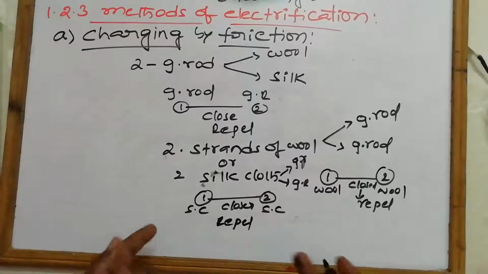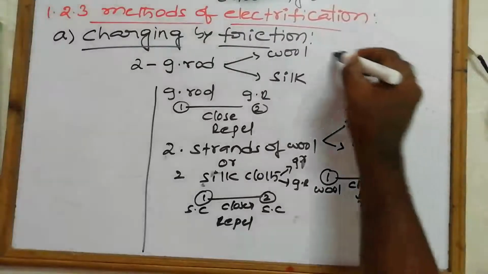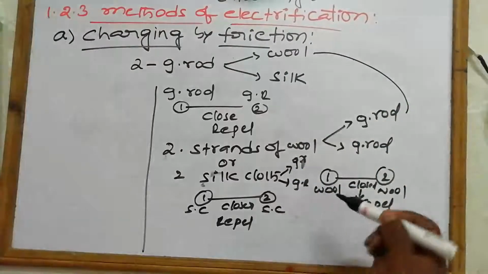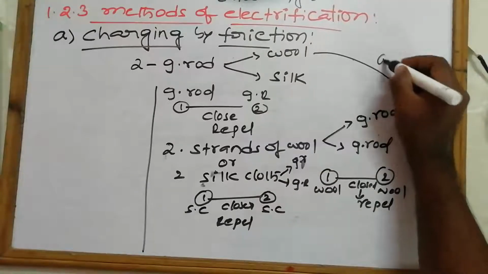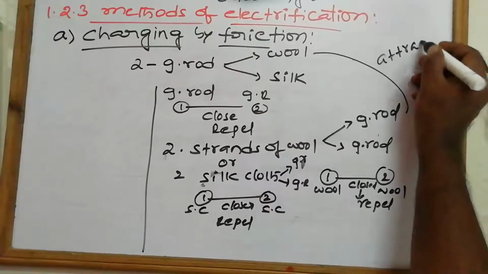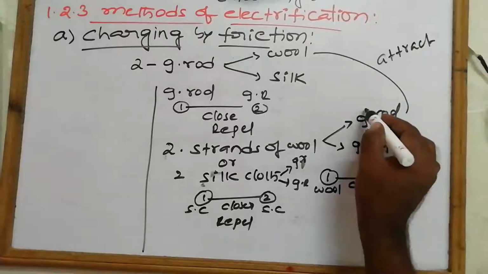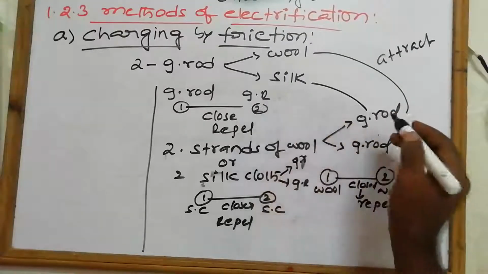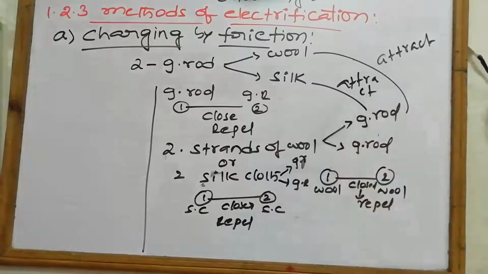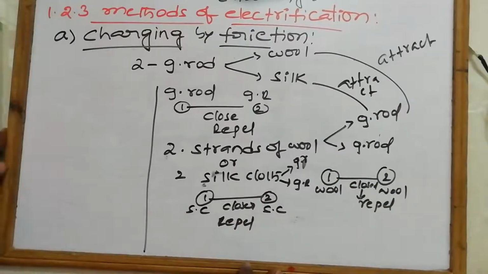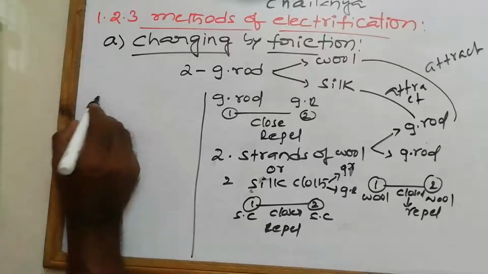Yes, they repel each other. If the glass rod and wool are brought closer to each other, what happens between them? They attract each other. Even the glass rod and silk, if you bring them close to each other, they attract each other.